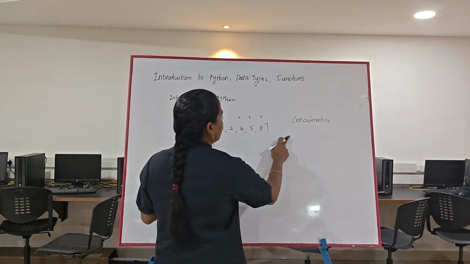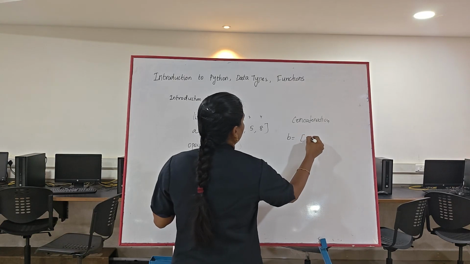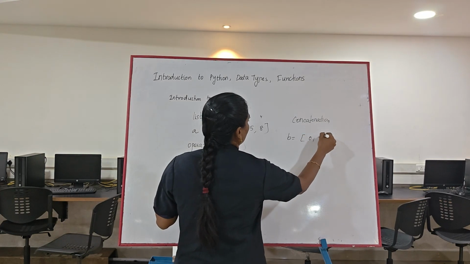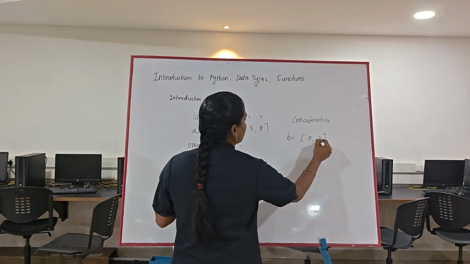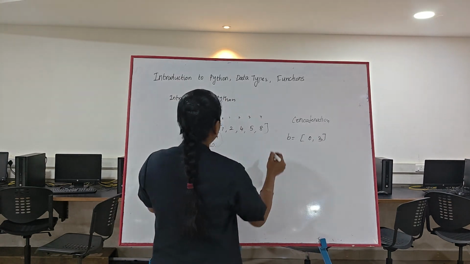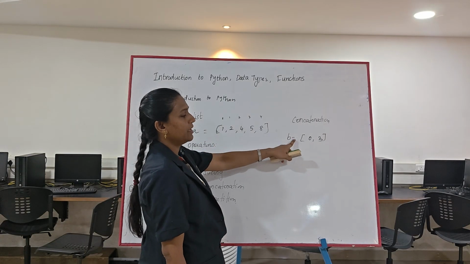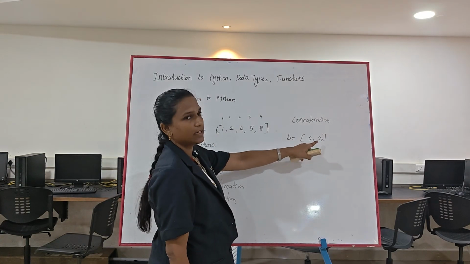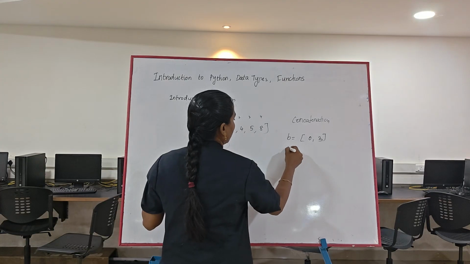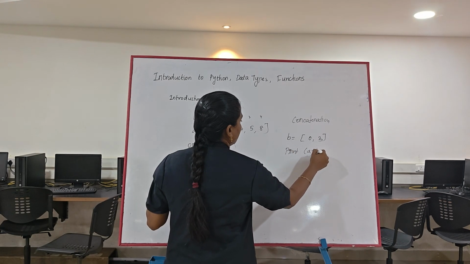Next we have given the value for B, 0 and 3. We have already created the list A. Now I am going to create another list B, which consists of two values, 0 and 3. I am going to concatenate, print A plus B.